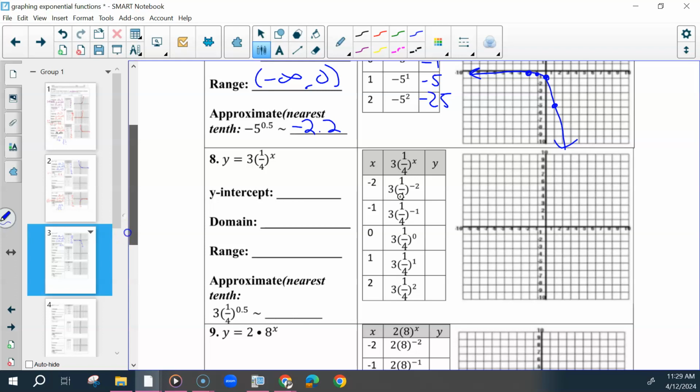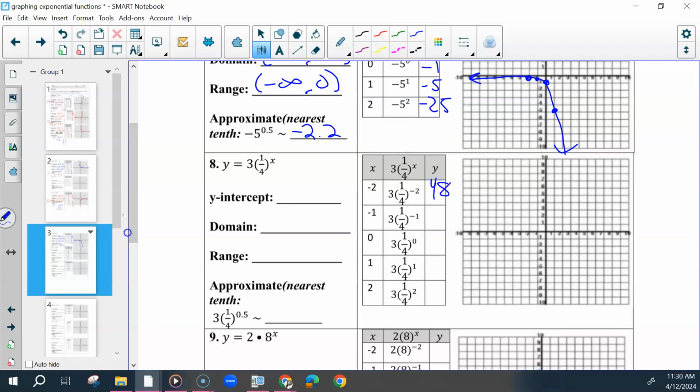So think about this as just 1/4 to the negative 2 and then multiply it by 3. What would that give us? 1/4 to the negative 2 would be 4 squared, 16. Times 3, 48.